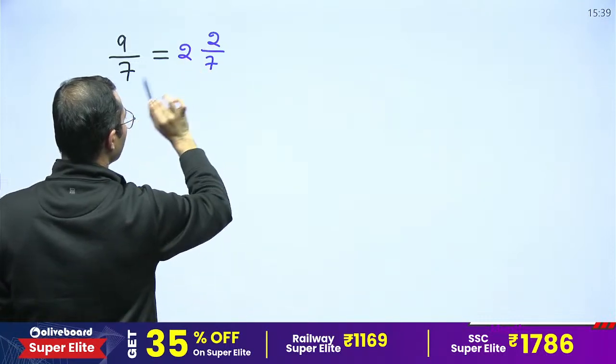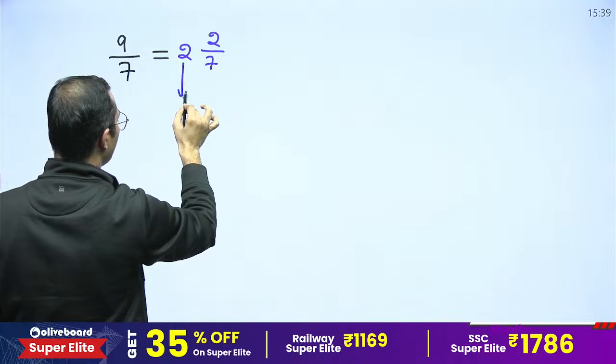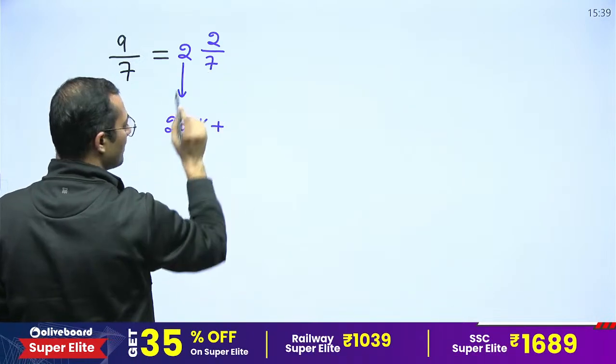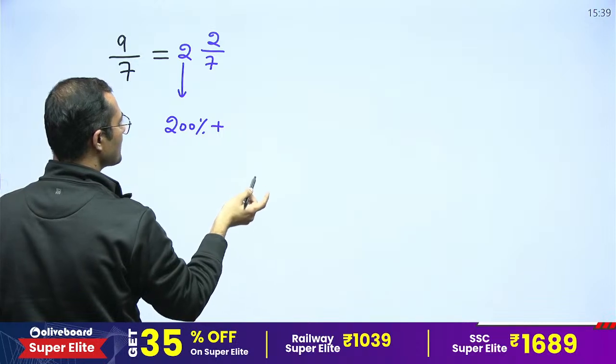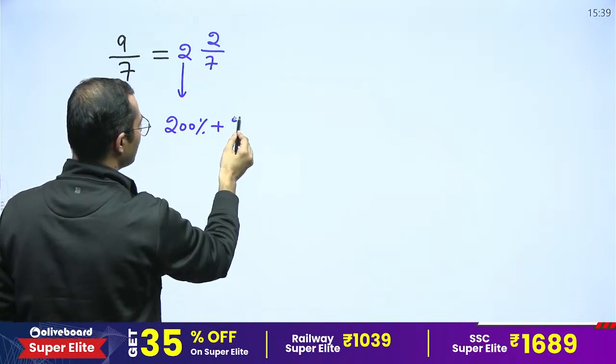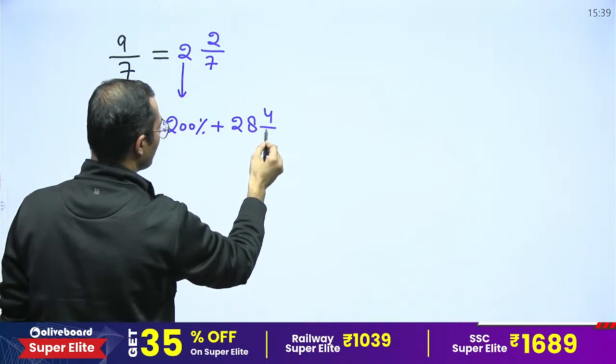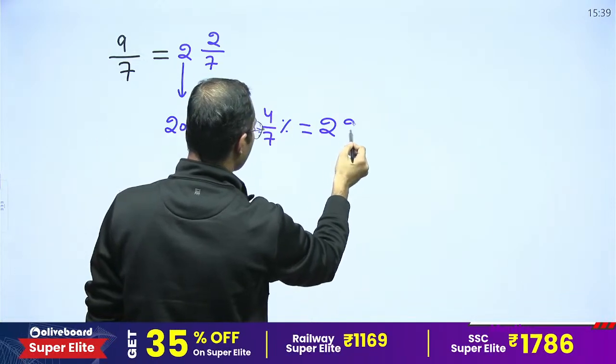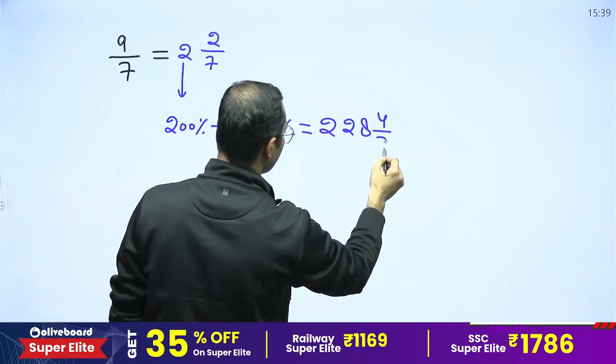So 2 is what? 200%. And 2 upon 7. See, 1 upon 7, 14 whole 2 upon 7. So 2 upon 7 is what? 28 whole 4 upon 7. So directly we can say that it is equal to 228 4 upon 7%.